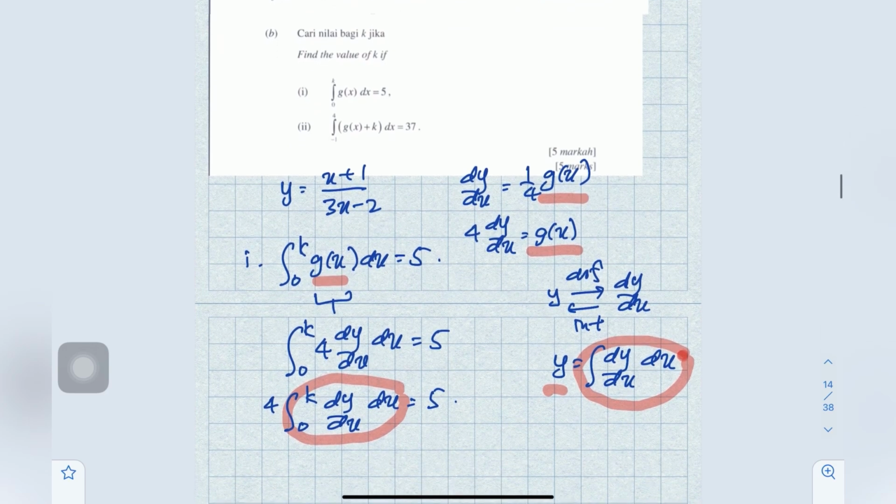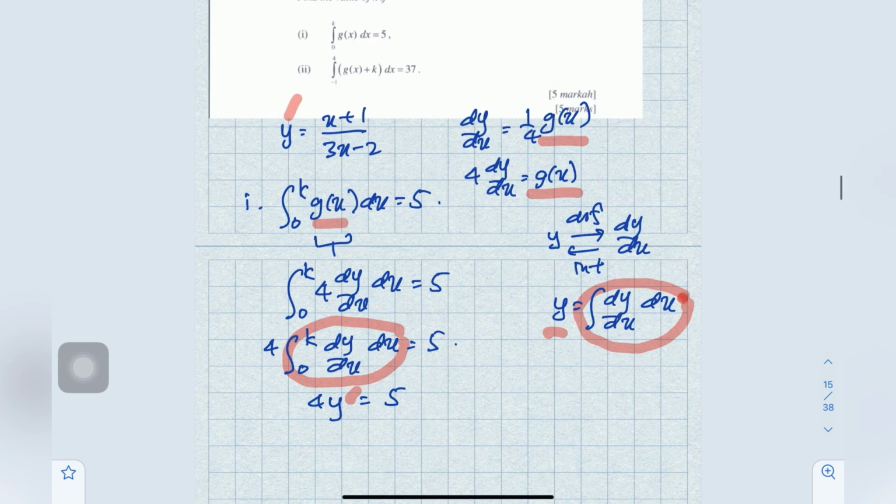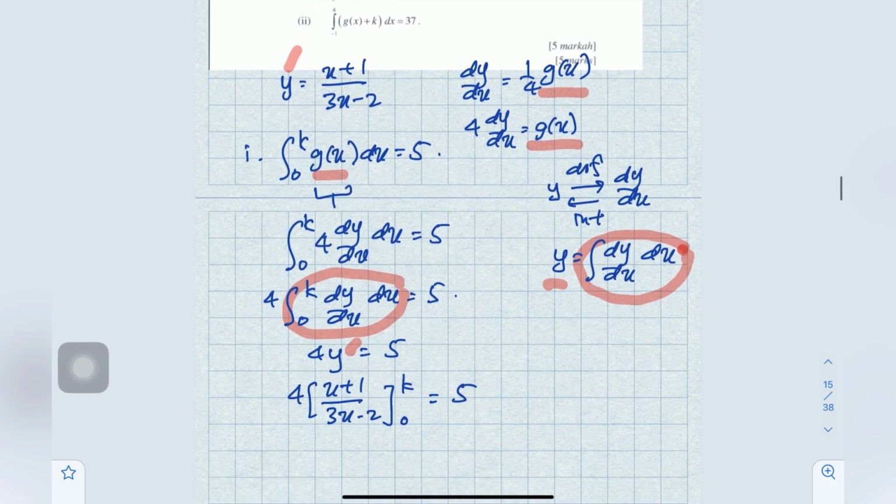So we get 4y equals 5. But y is x plus 1 over 3x minus 2. So we substitute 4 times x plus 1 over 3x minus 2, from 0 to k, equals 5. The rest is to substitute the upper limit minus the lower limit.